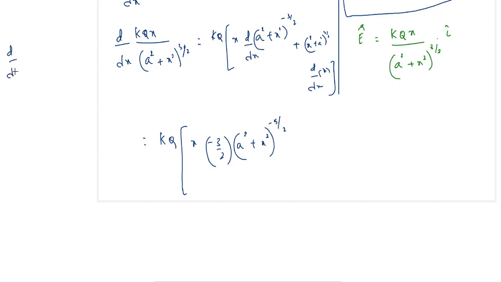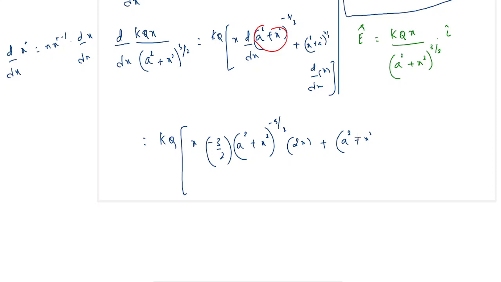We know that d by dx of x power n would be n into x power n minus 1 into d by dx of the variable. It will be again differentiating this term alone. To differentiate this alone again, it will be 2x. So into 2x plus we keep a square plus x square.